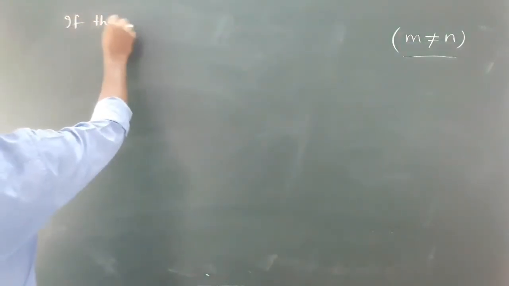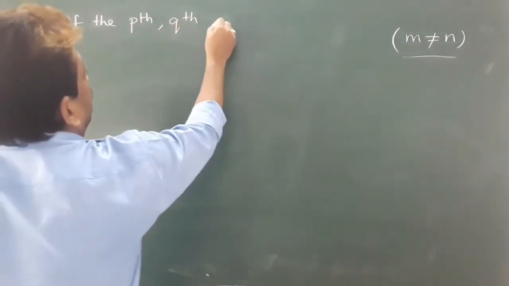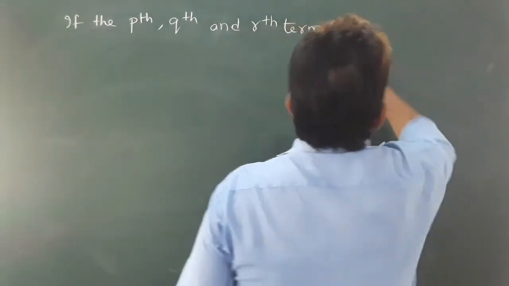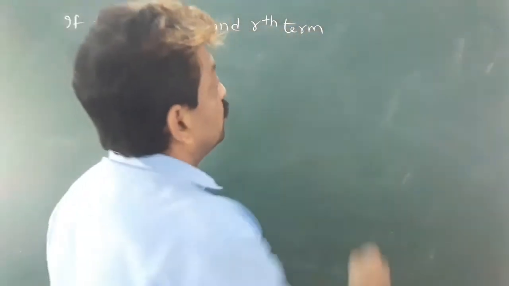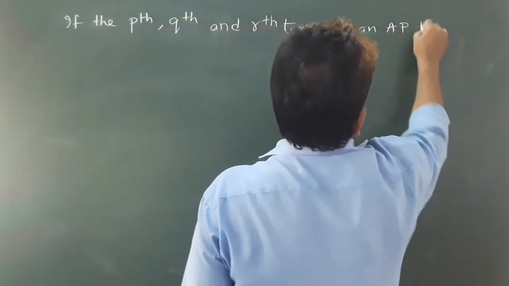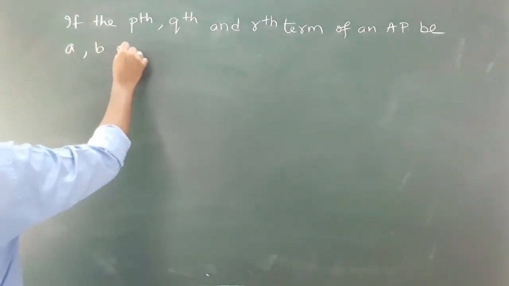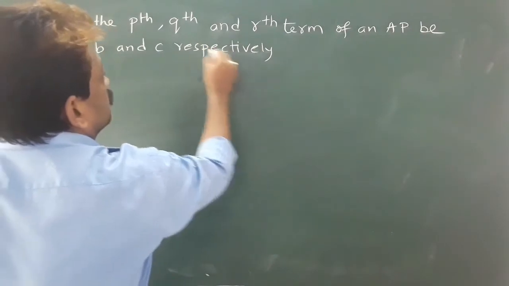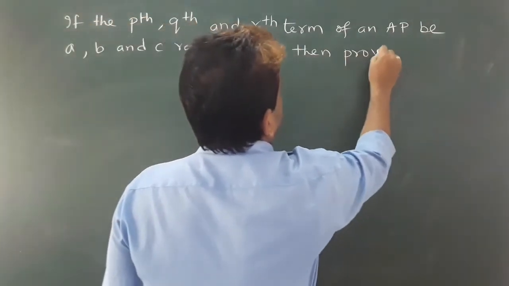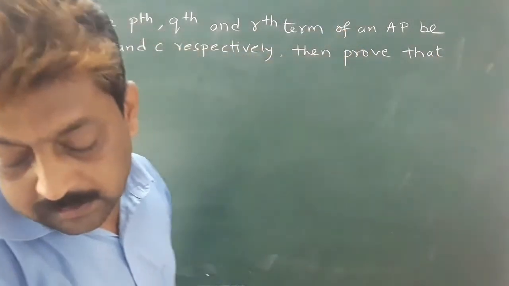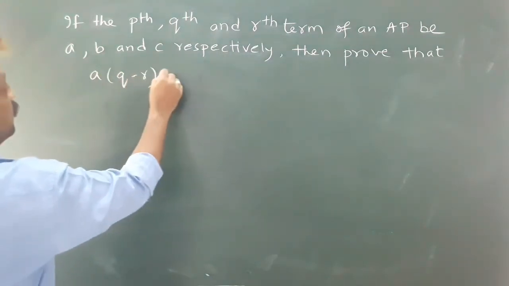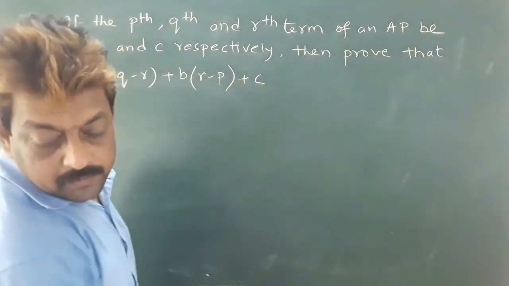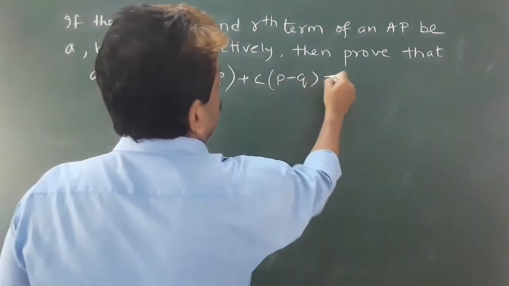If the pth, qth and rth term of an AP are a, b and c respectively, then prove that a(q minus r) plus b(r minus p) plus c(p minus q) equals to 0.